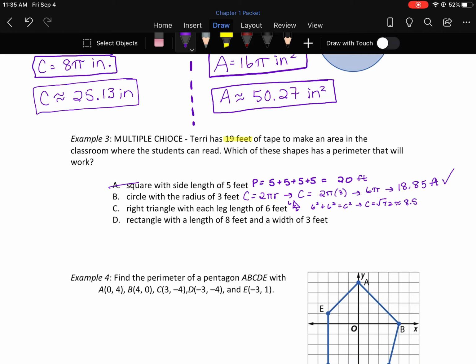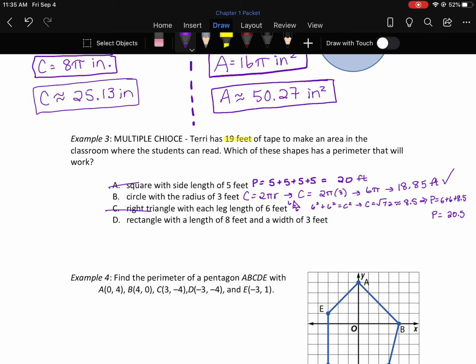We'll just do 8.5. So now to find the perimeter, we have to do 6 plus 8.5. So 12 plus 8.5. We already know that's going to be bigger. So that is 20.5. We only have 19. Can't do that.